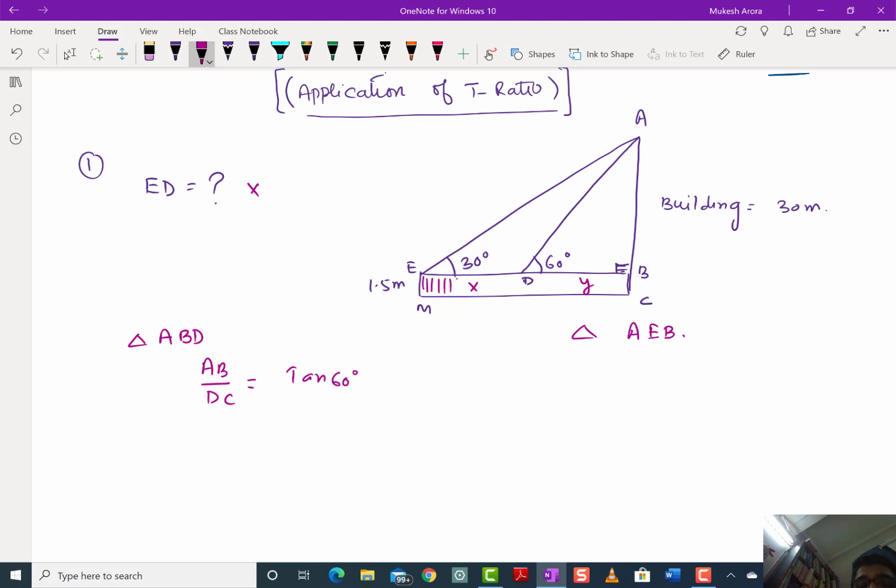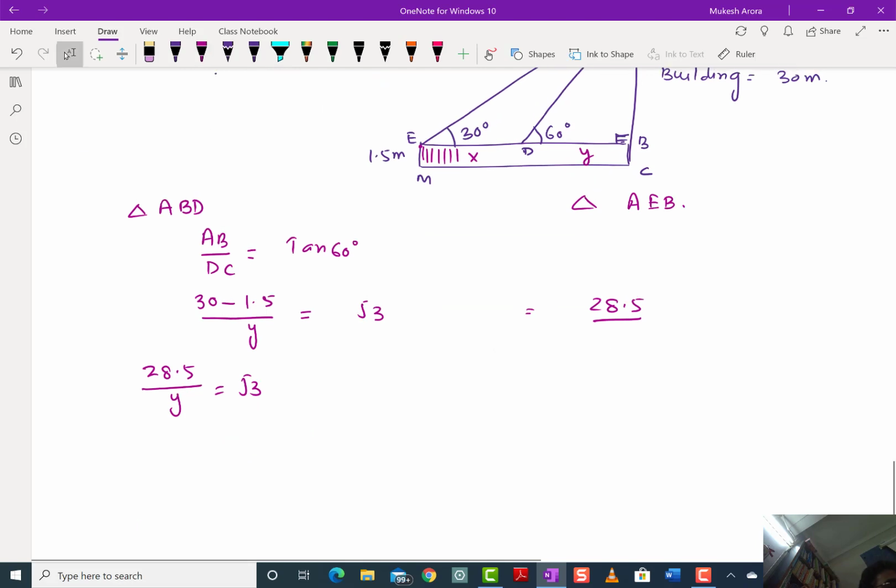Because he is looking from the eye, so that has to be subtracted. So AB will be 30 minus 1.5, DC is Y, tangent 60 is root 3, so 28.5 by Y is equal to root 3.